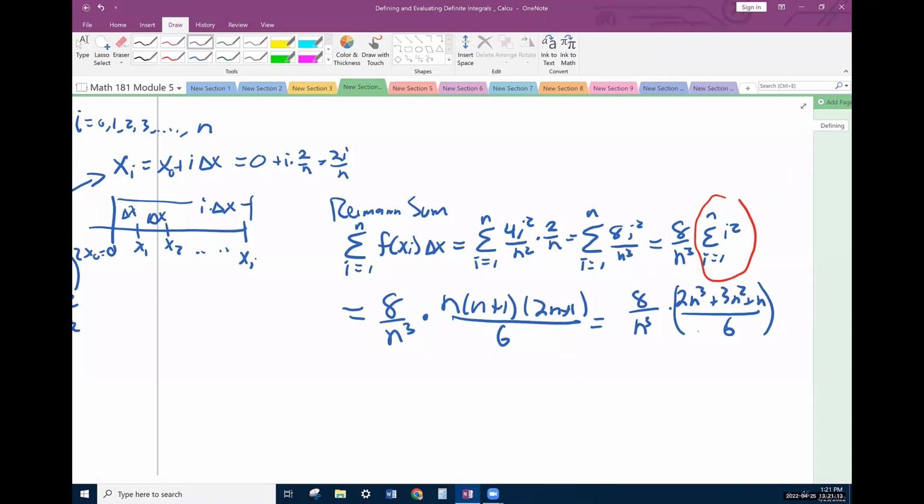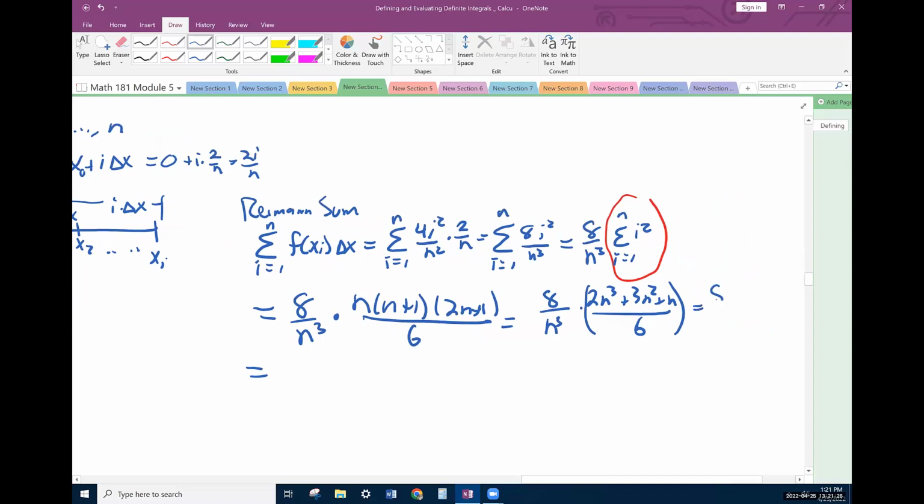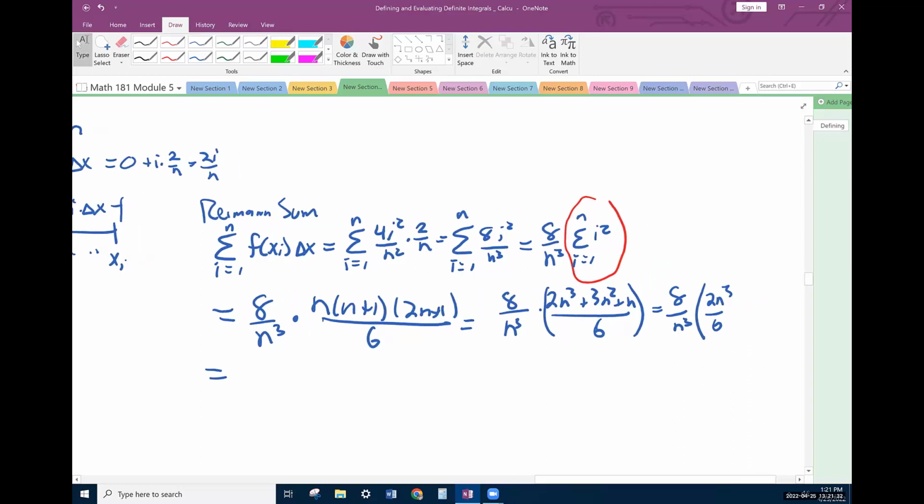And now let's just take this another step further. I'm going to multiply the 8 over n cubed through. Maybe it's helpful to realize this is like 8 over n cubed times 2n cubed over 6 plus 3n squared over 6 plus n over 6.